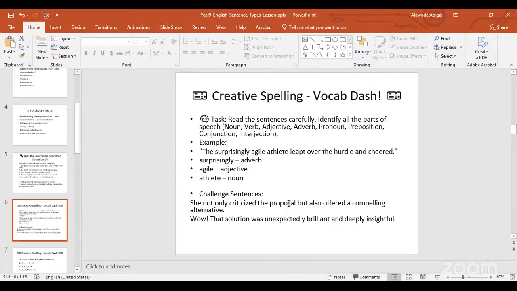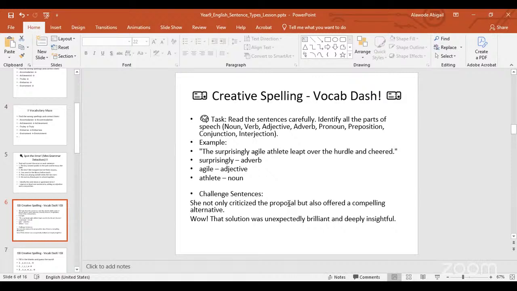I want you to start thinking, is it a thing? Is it an action? Is it telling me more about a noun? Is it telling me more about a verb? Is it replacing a noun? Is it telling me a position? Is it joining a sentence? That's what all the parts of speech are.